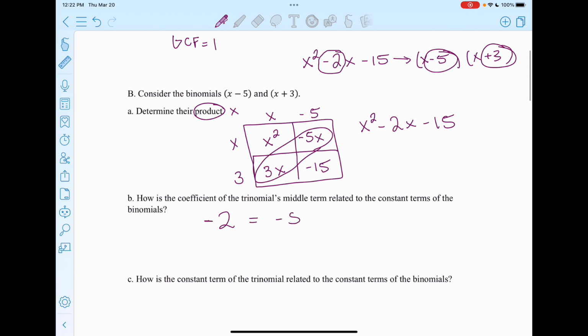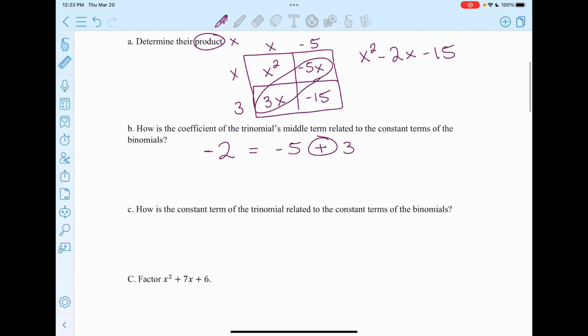The coefficient is the number in front of the middle term, so negative 2. So how do I get negative 2 from negative 5 and 3? Think about it for a second. In order to get negative 2 from negative 5 and 3, I added them together. So I have to think about two numbers that will add to negative 2, that middle term.